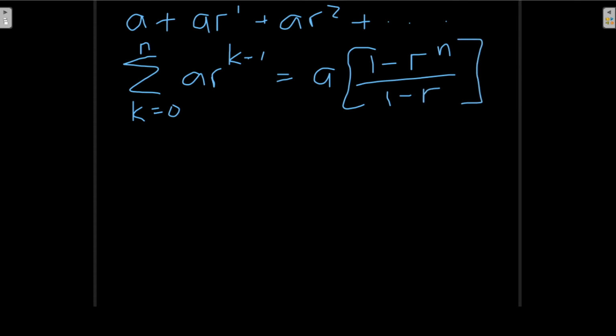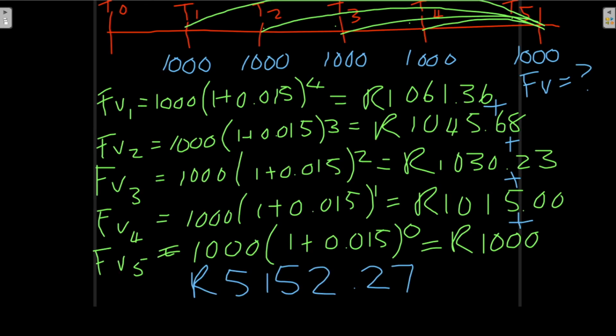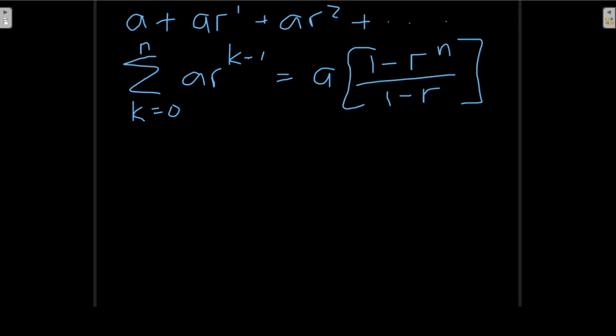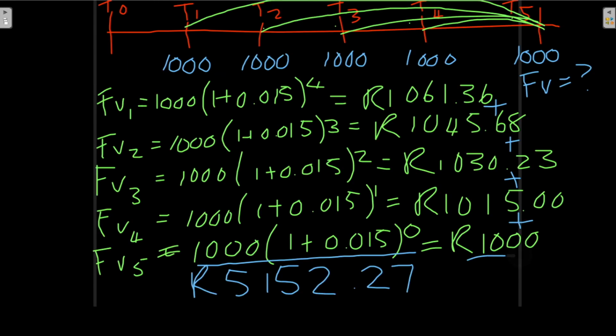Okay, and now for our specific situation, if we go back to this slide here, our first term will be this one here. So my first term will just be the payment. If you go back there, the payment is just equal to 1,000 rands.